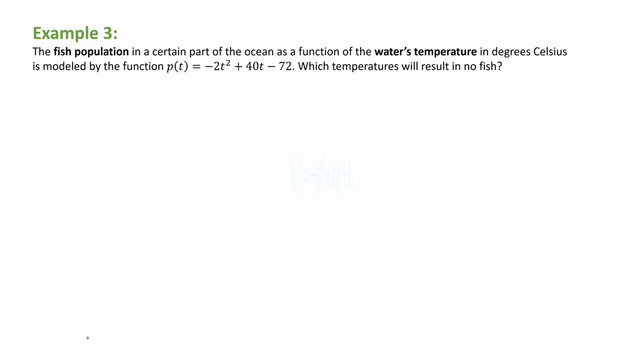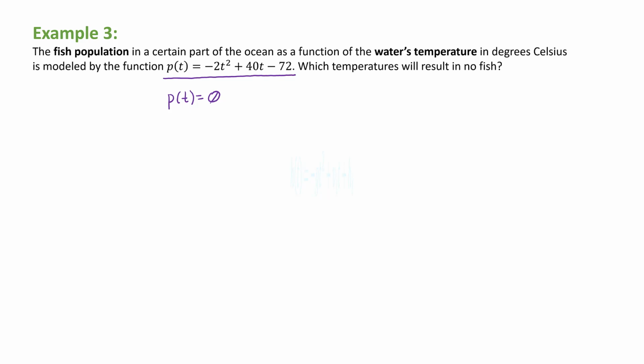Okay, so let's understand the problem. It's telling us that this model that we have gives us the amount of fish population depending on the temperature of the water. And it's telling us to calculate the temperature that results in no fish. That means when the population is 0.